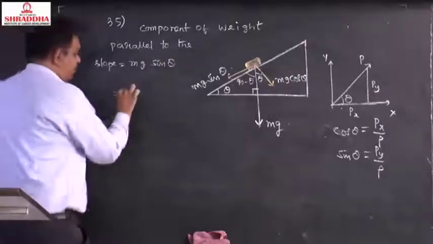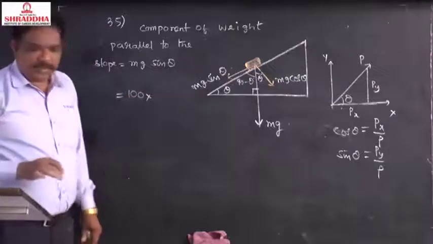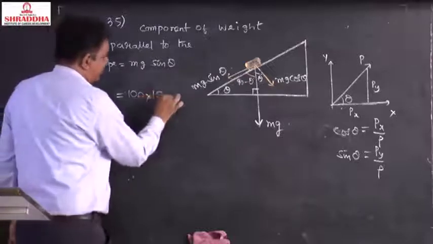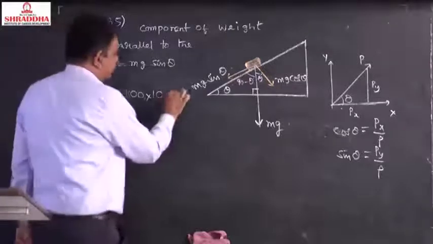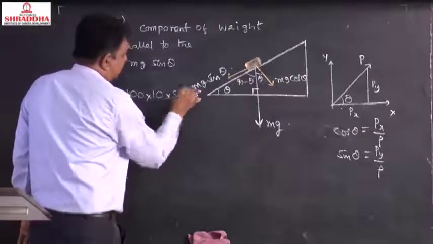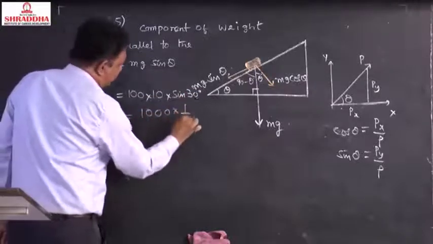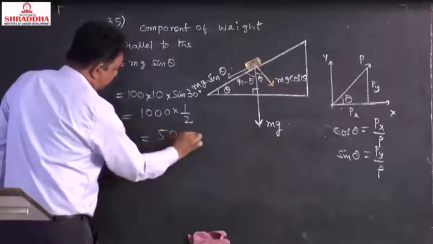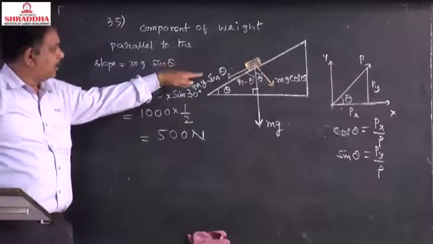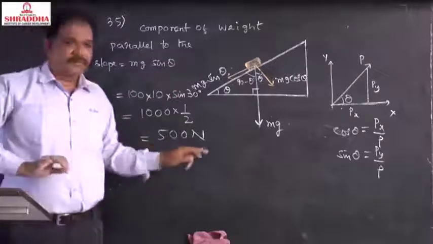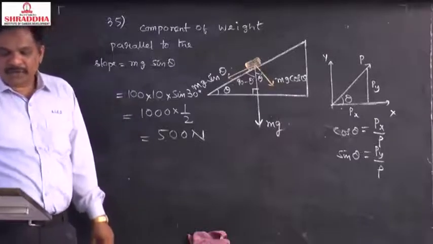Here m value will be 100, g value take it as 10, theta value they gave 30 degrees. Sin 30 degrees, so this will be 1000 into 1 by 2. This value is 500 newtons. So the component of weight parallel to the slope will be equal to 500 newton.